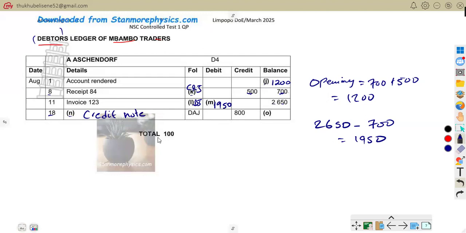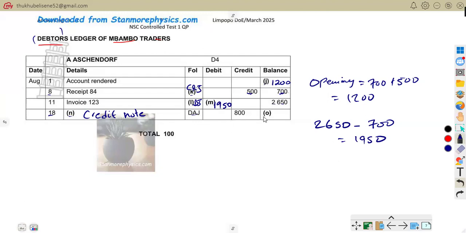This is what it is, because when goods are returned, a credit note is issued, because we have said debtors allowance journal. That is when we give discount or returns. Whenever we see this debtors allowance journal, think of the goods that are returned or the discount that is given. So for goods that are returned, we are issuing what? A credit note. We are together on that.